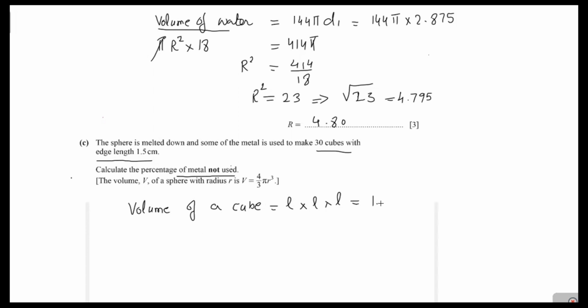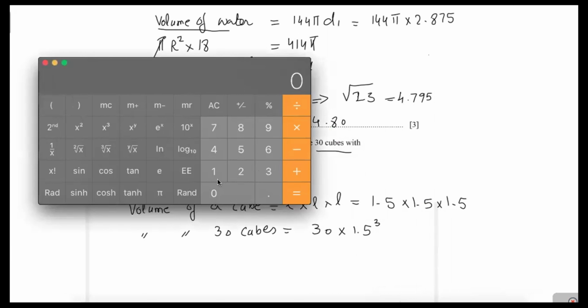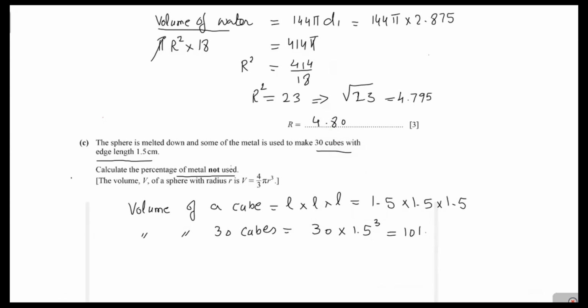That will be equal to 1.5 multiplied by 1.5 multiplied by 1.5. Now the volume of 30 cubes will be equal to 30 multiplied by this value. Now we calculate it. See here 1.5 cube multiply 30. That's value equal to 101.25.